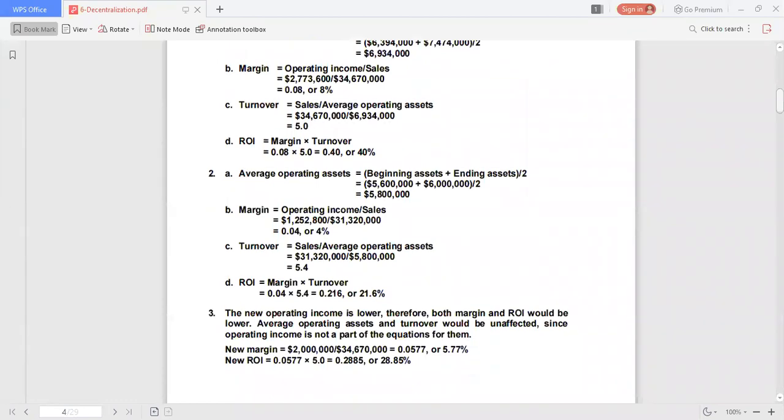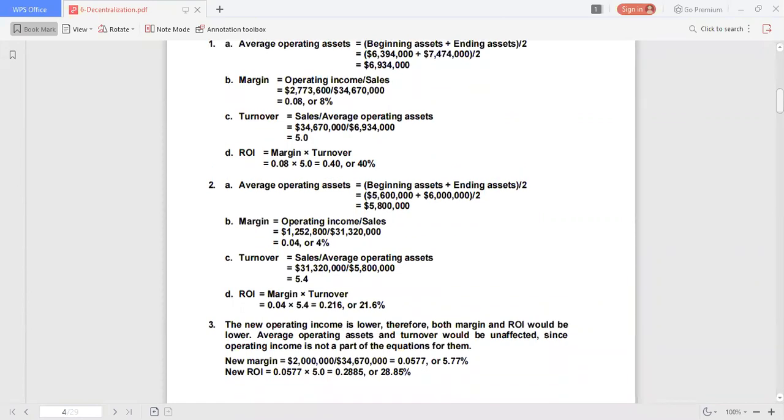Now we are given the two divisions, the small appliances and the cleaning products divisions. The first requirement is the average operating assets. We add the beginning and the ending operating assets, and then we divide it by 2.